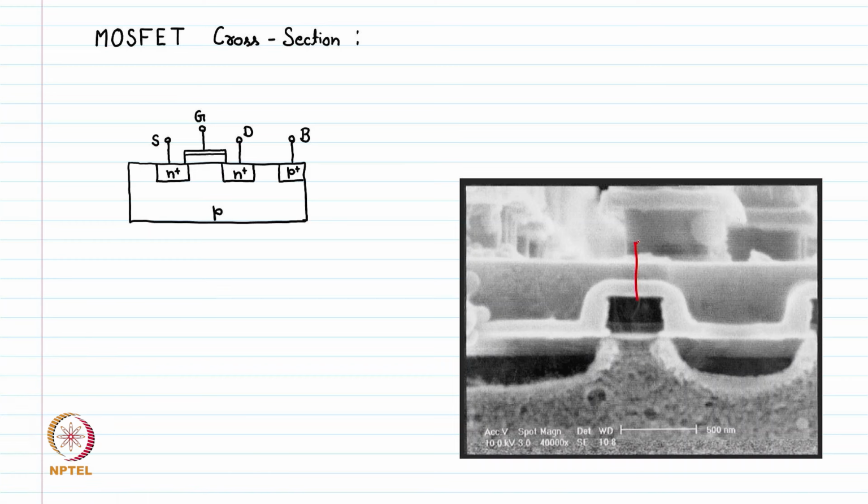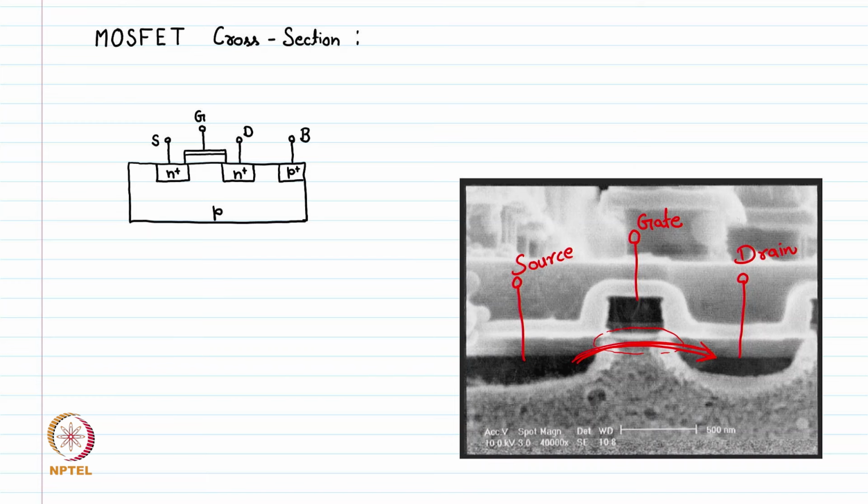So we can see here we have source, gate and a drain. Body terminal is not shown here, and below this gate terminal, this is the region where the current flows from the source to the drain. So this is the channel which is causing the current to flow in the MOSFET. So this is a typical cross section.